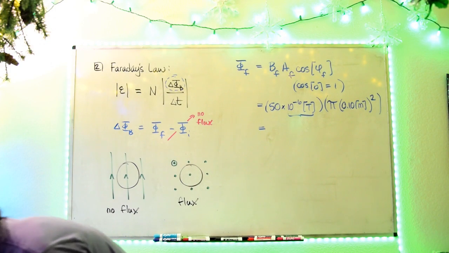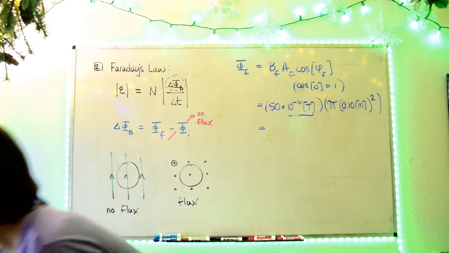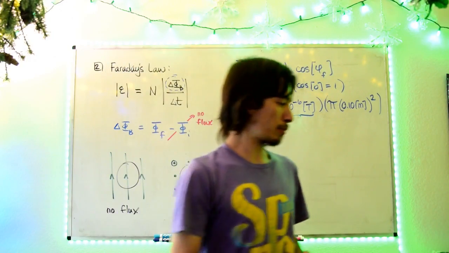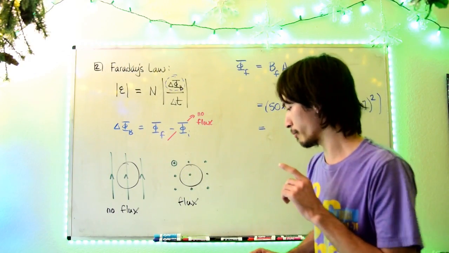Let's see here. Questions. Can I repeat why there's no flux in the first loop? Okay, so to reiterate why there's no flux in the first loop, let me grab a piece of paper.